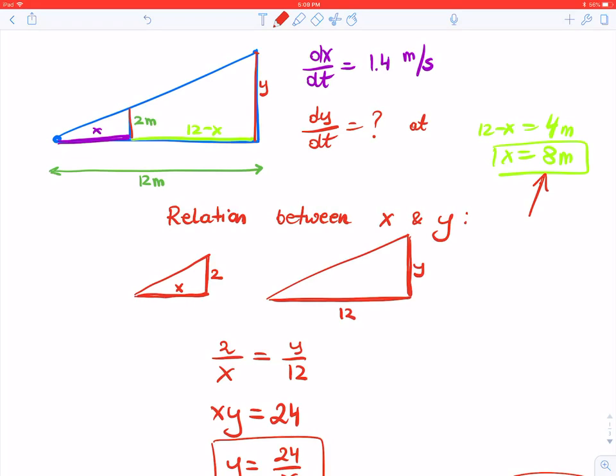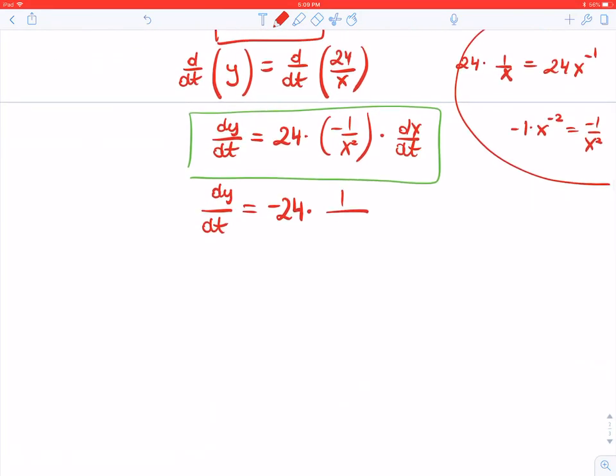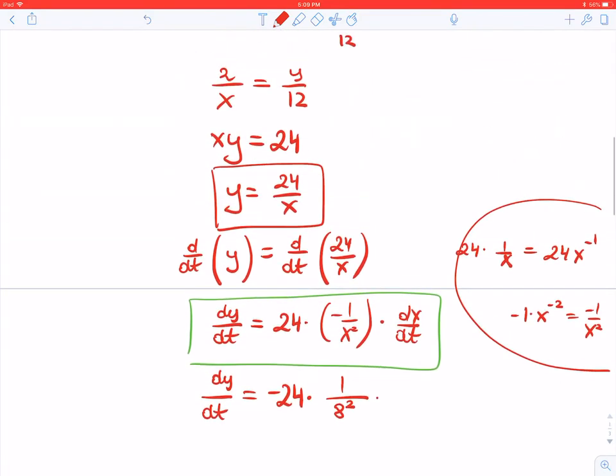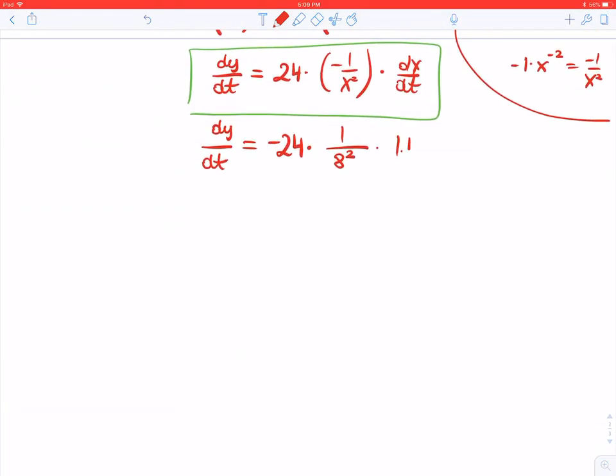And a quick comment, x is not 4, because 4 was the distance from the wall. If his distance from the wall is 4, the remaining is 8, and that's my x. So I can put 8 squared, and the rate of change of x, which was his speed, is 1.4.